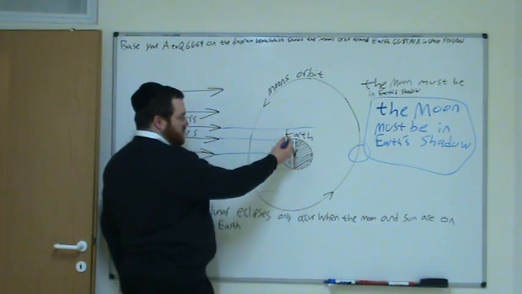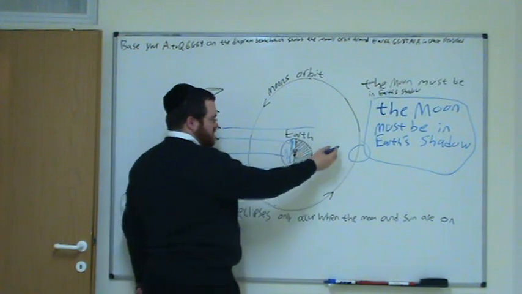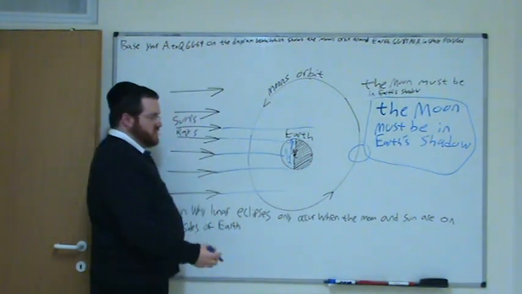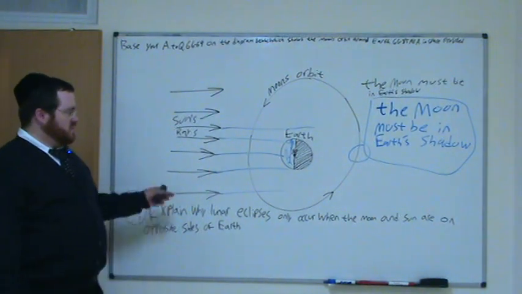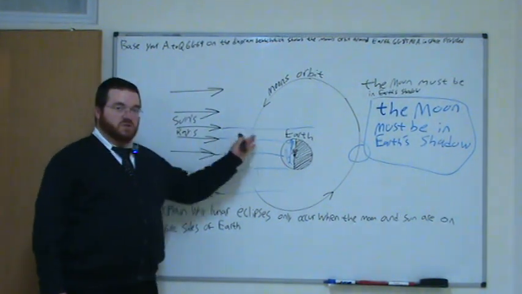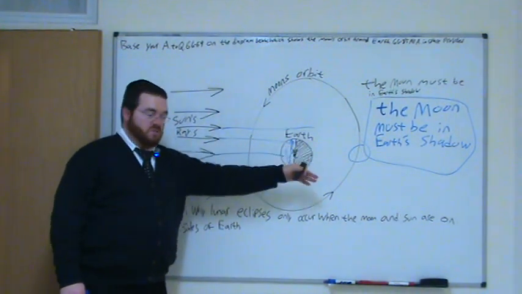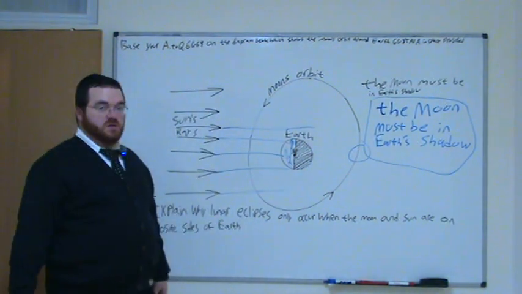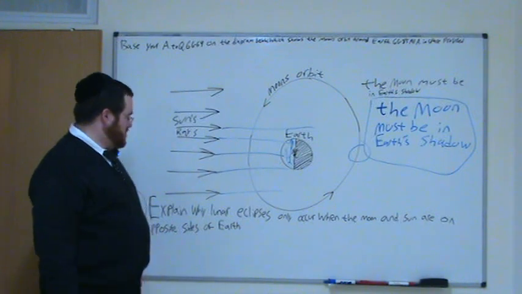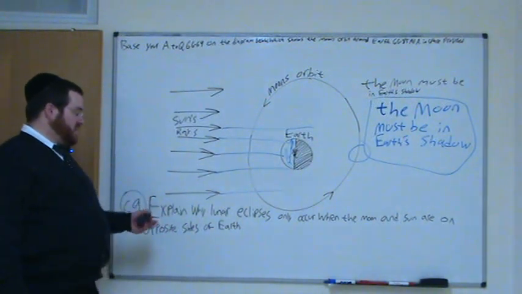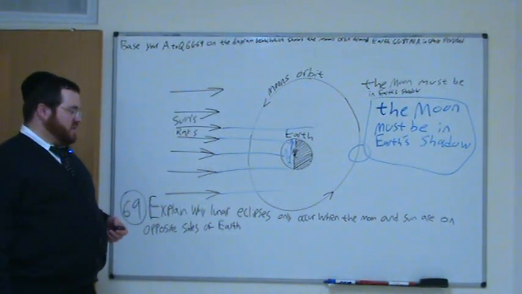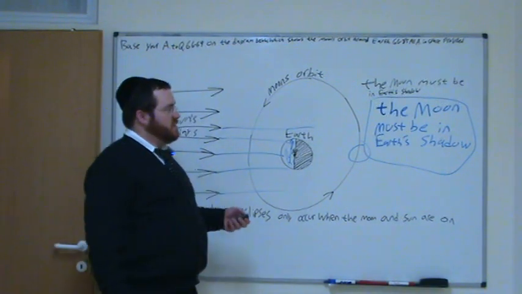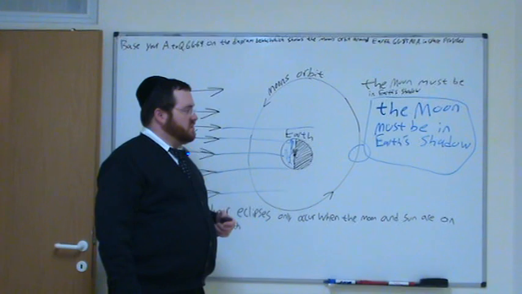And over here it's dark. Now here's the moon. The Earth is blocking the sun's rays from the moon. So the sun is not going to light up the moon because the Earth is blocking it. So that will cause an eclipse. So again, the reason is the moon must be in Earth's shadow.